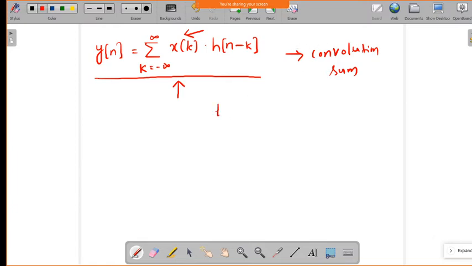If it is a continuous time signal, we will call it the convolution integral. So, is it understood how we get the convolution sum?